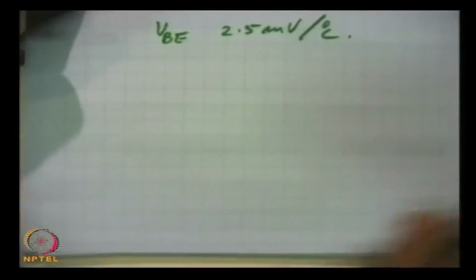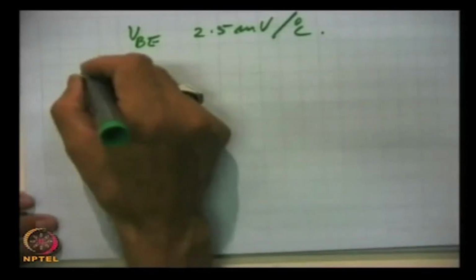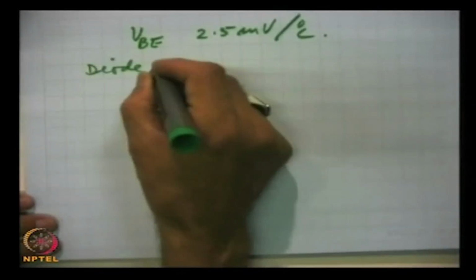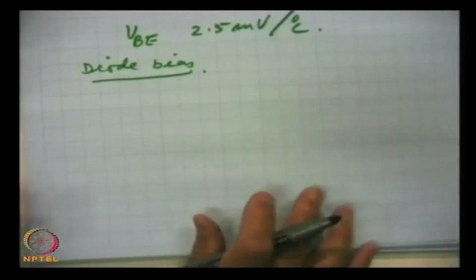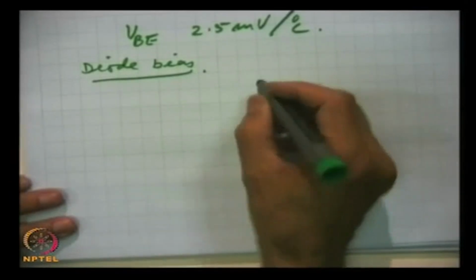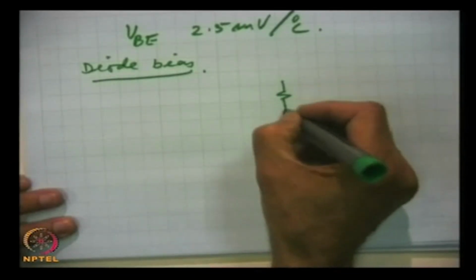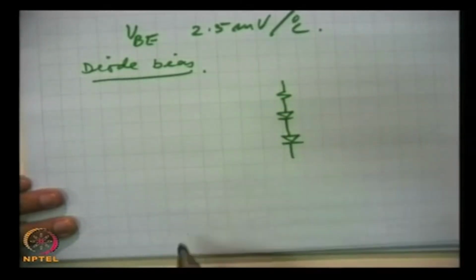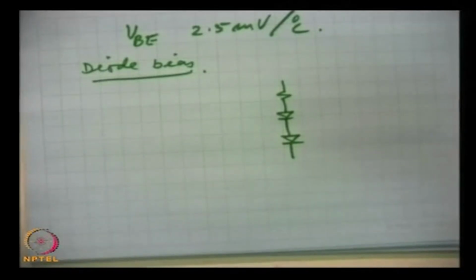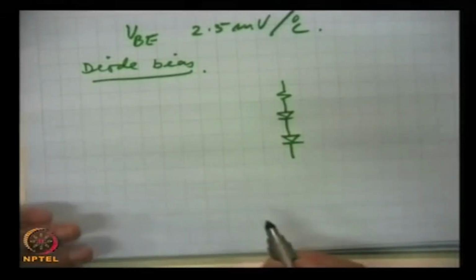Therefore, many times the resistance R2 is replaced by a diode, and then we have what is called diode bias. The characteristics of this diode are the same as the characteristics of the emitter base junction of the two transistors.